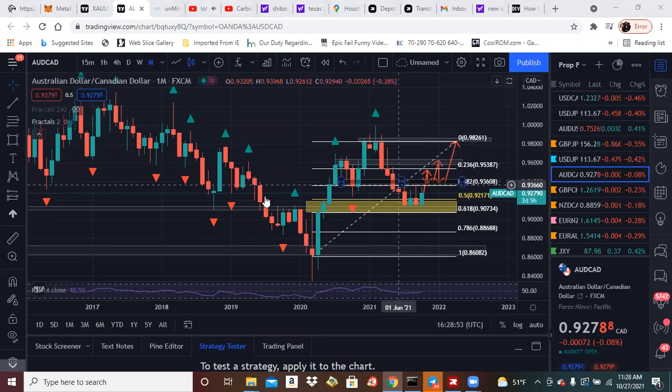Yeah, this is perfect. Break out a trend line, push up, retest for the fractal. I mean the 50. Come back to take out the structural highs.